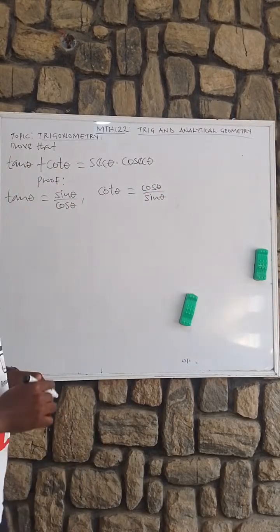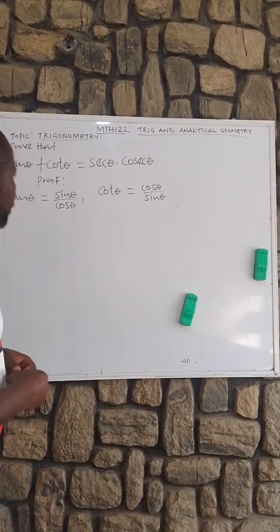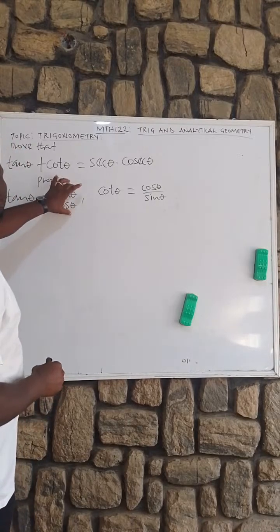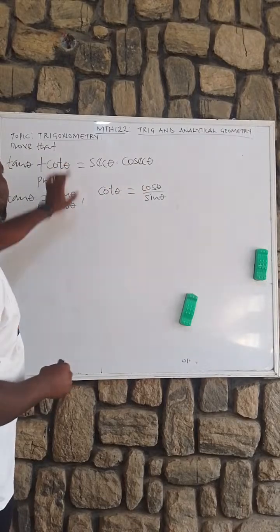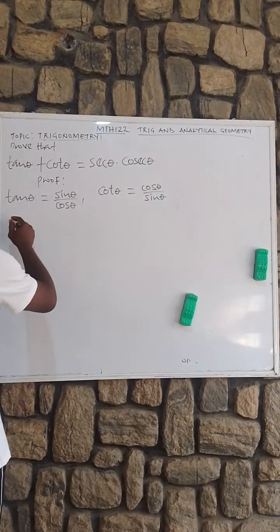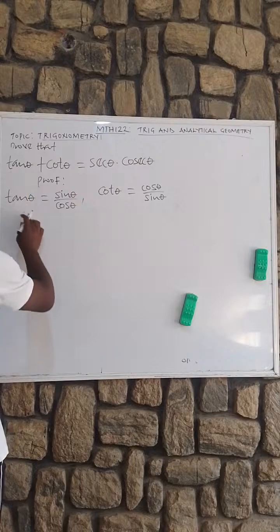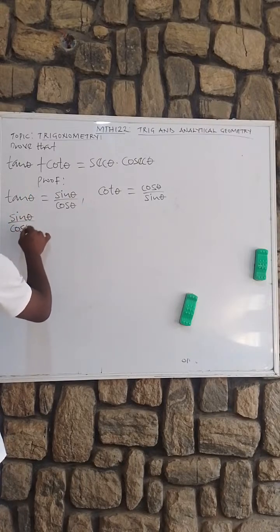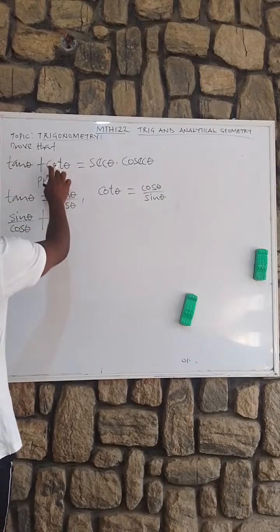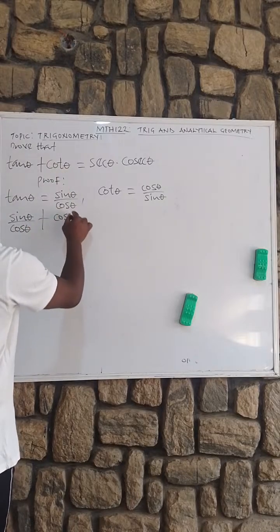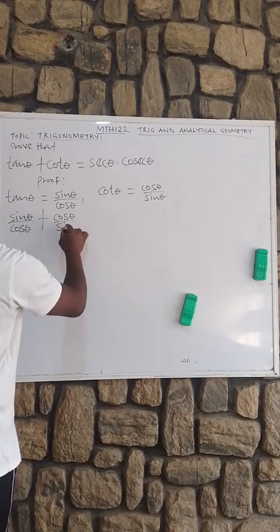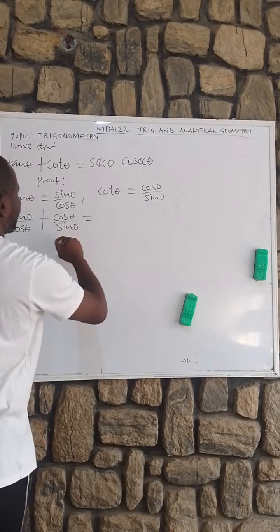It's true. So when you look at it, you just substitute this here. Therefore, tan is sin theta all over cos theta, plus cot is cos theta all over sin theta.